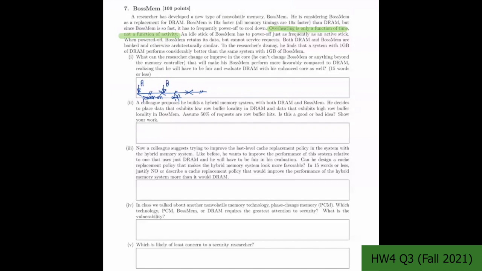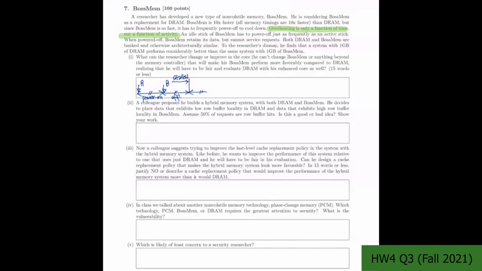In this case, request A can be quickly handled, but B needs to wait until the end of the power off phase, which leads the system to be stalled for the same amount of time.